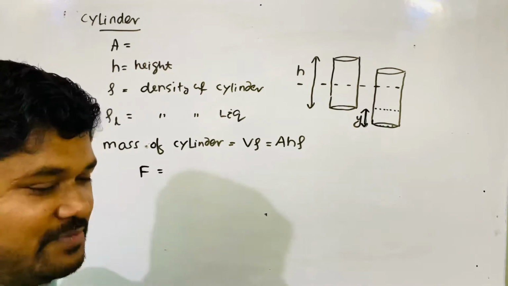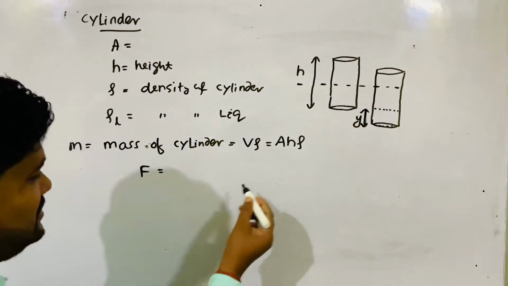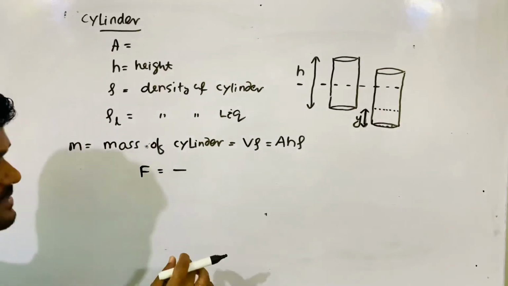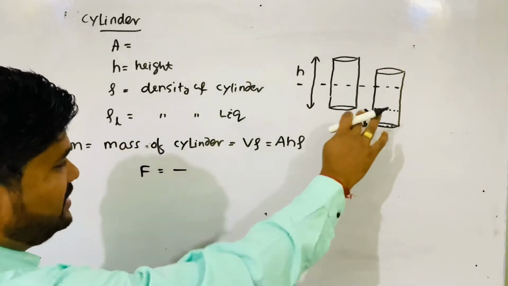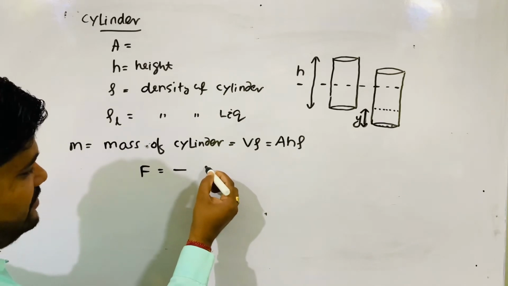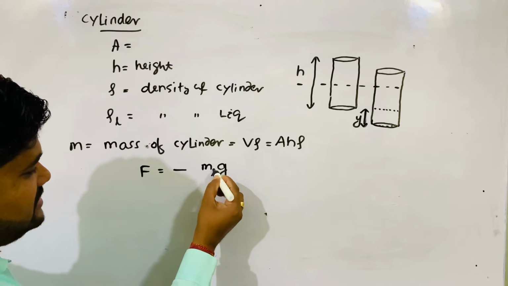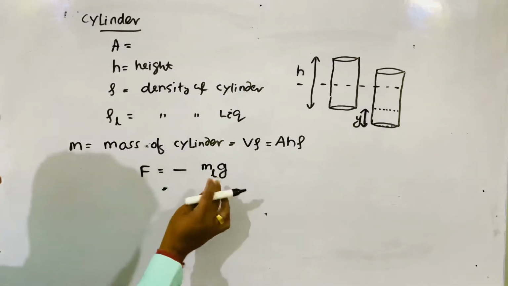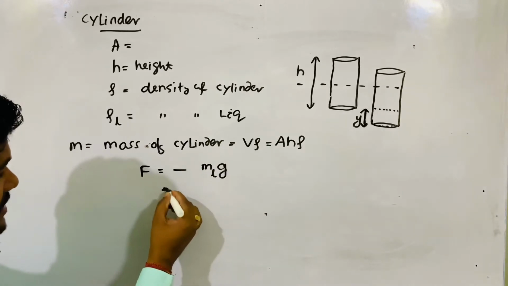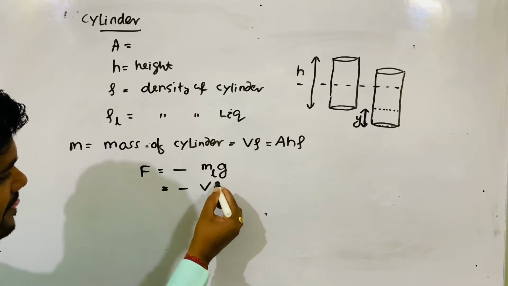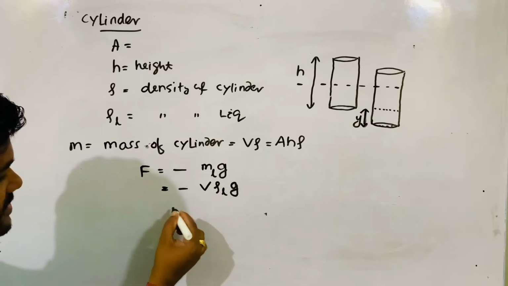So the restoring force F is equal to, with a minus sign, the extra thrust, that is the weight of the displaced liquid. This is extra: volume times density of liquid times g.